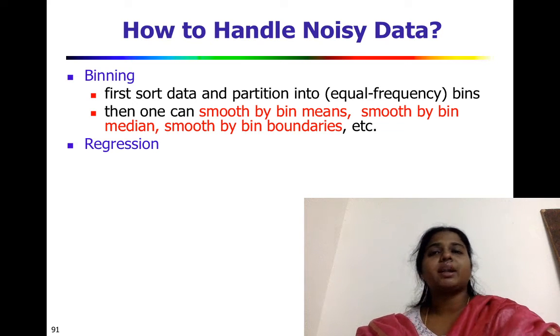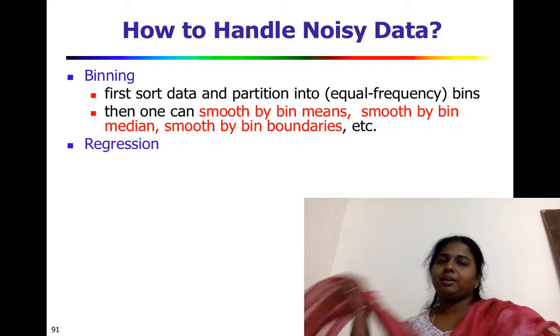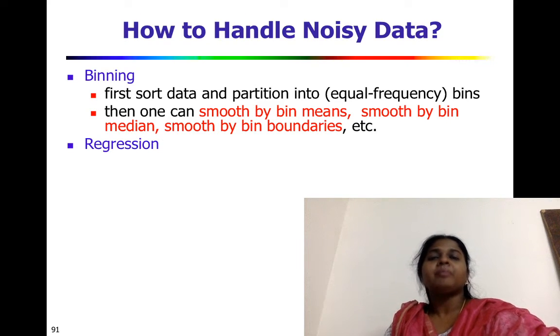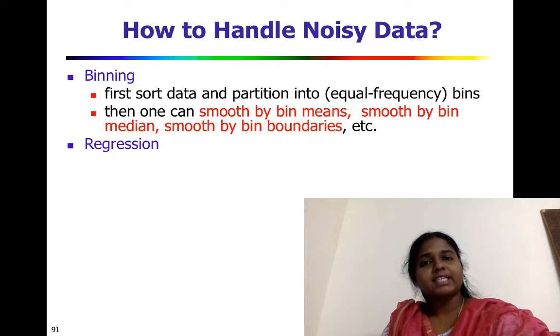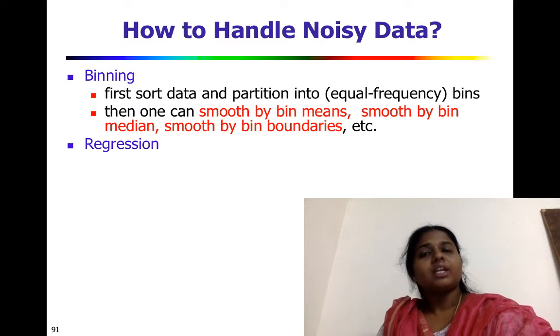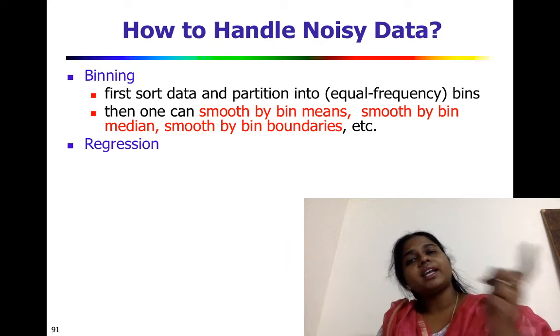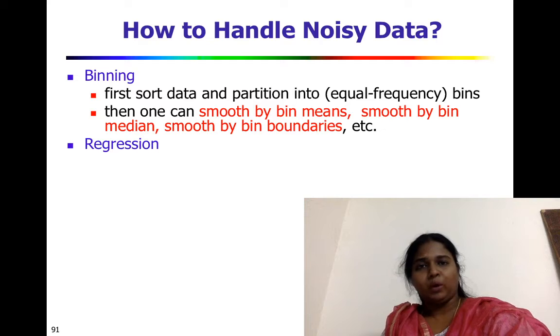So x represents the independent variable and y represents the dependent variable. Based on the value of x, the value of y is going to change. If I know the value of x, I can anytime find out the value of y.